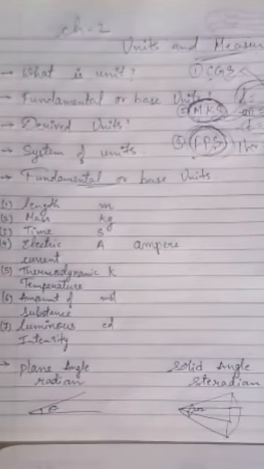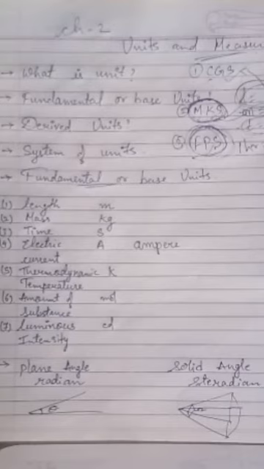Now the important topic, which is very much useful. Until now there were MCQs, and at least one MCQ was asked on the dimensional formula, right? So now we will study what is the dimensional formula, and based on the basic units, what is the dimensional formula. Today we will just take a small introduction of this.